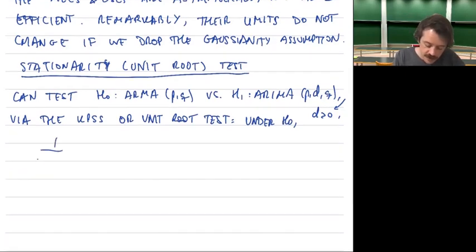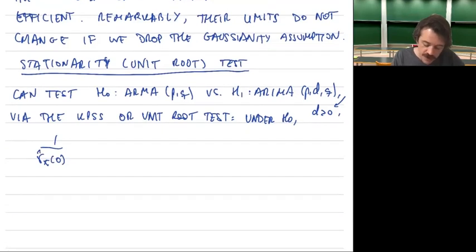So we have that if we take the autocovariance at lag 0 and its estimate, and then take the inverse of it, and then we take the inverse of n squared and the sum of the following quantity.